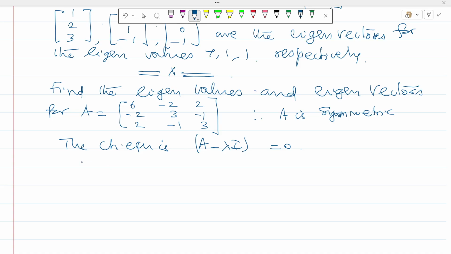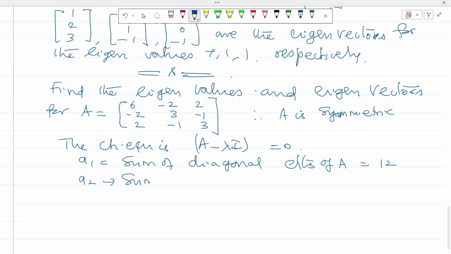So when you are finding A1 here, A1 is the sum of diagonal elements, that is equal to 12. A2 is the sum of the minors of the diagonal elements of A.